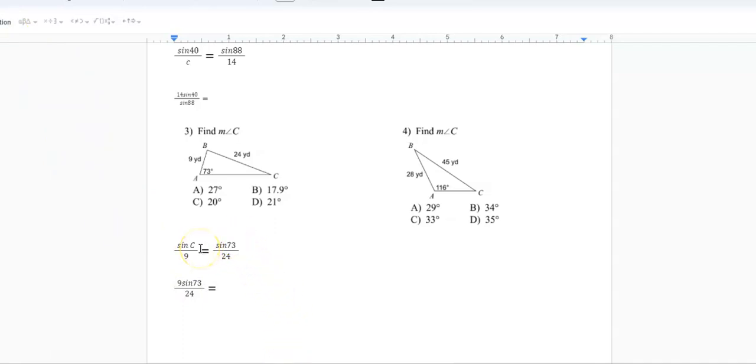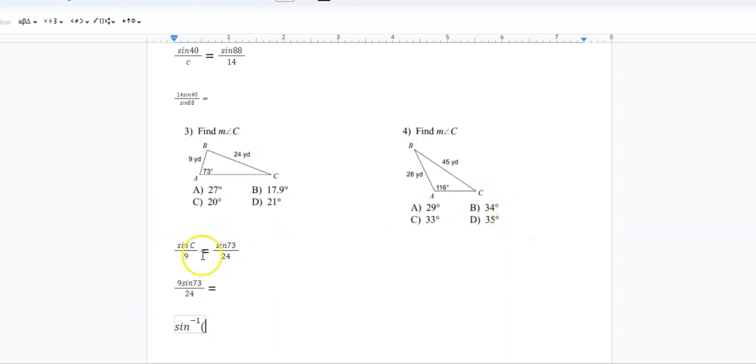Since we're solving for C, you then put in the inverse sine, sine to the negative 1, and inside the parentheses you put whatever that decimal is, and it creates the angle. That's also how you do 4.